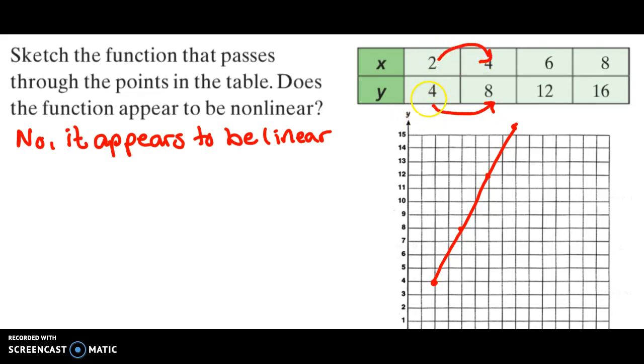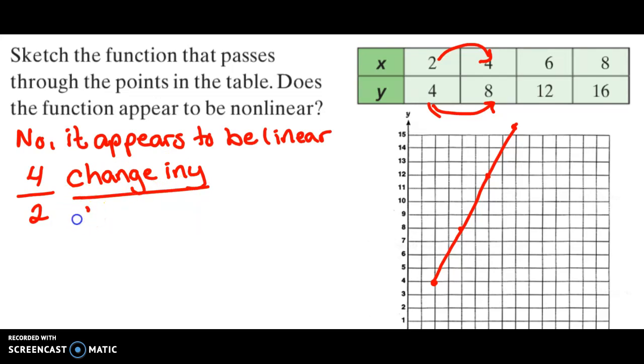I can see that y increases by 4, and x increases by positive 2. That is what we call the change in y compared to the change in x. And that should be equal every single time. So it should always be 4 over 2, or this reduces to 2 over 1.